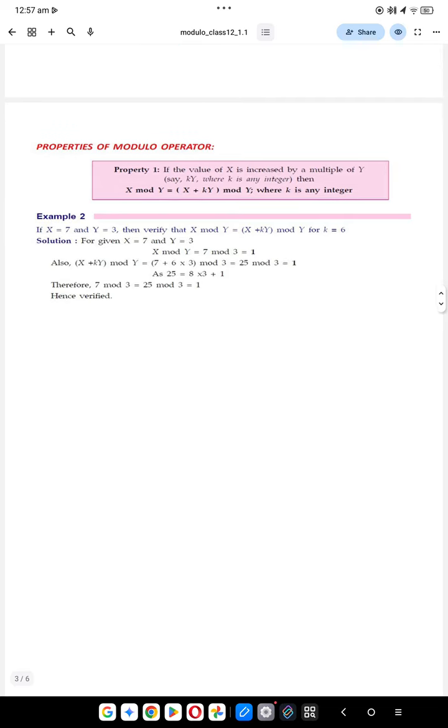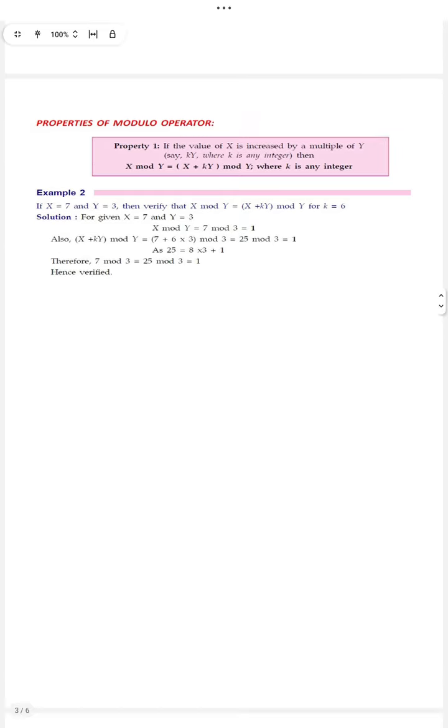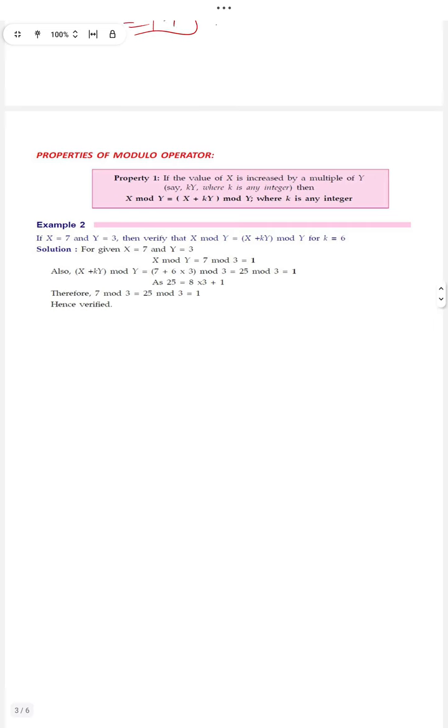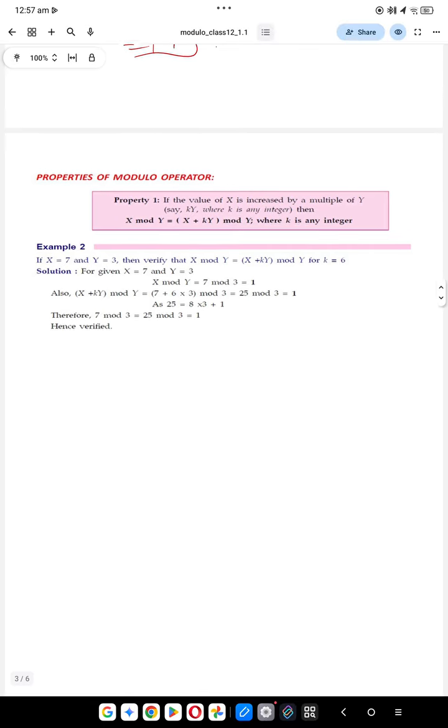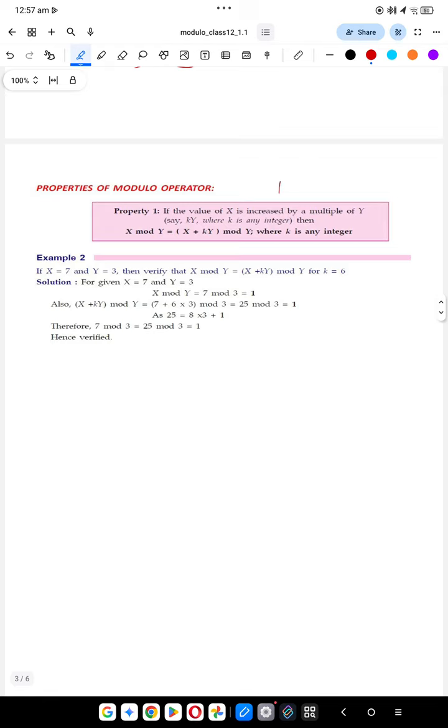Here are a few properties of the modular operator. Let's see property number 1. What does property number 1 say? If we have x mod y, that would be the same as x plus k times y, mod y.